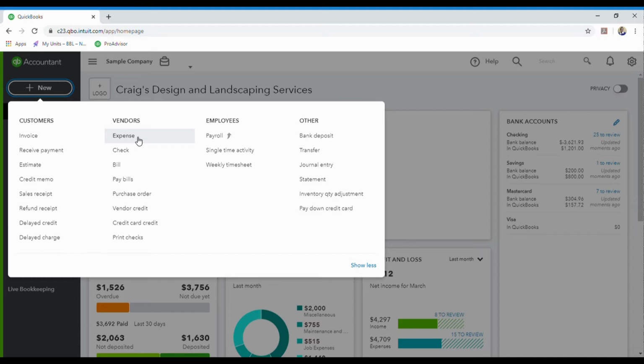You get a receipt afterward. A bill is when you go out there and you purchase something on credit, and you pay for it later, right?